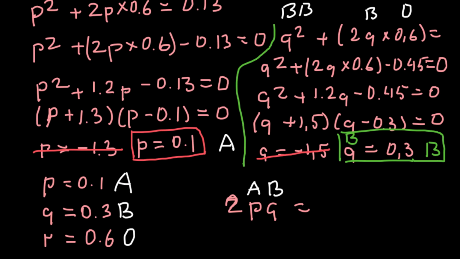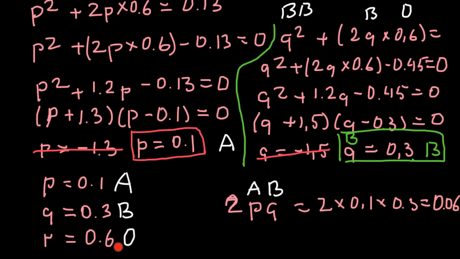So we have to multiply 2 by frequency of the allele A, or P in our formula, so have to multiply by 0.1, and we have to multiply by frequency of the allele B, that is 0.3, and as you see, the answer here would be 0.06, and this is exactly what we have in our data that were given at the beginning. So we use this part only just to confirm that frequencies that we got are correct.